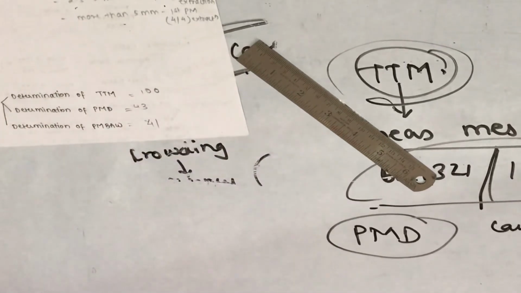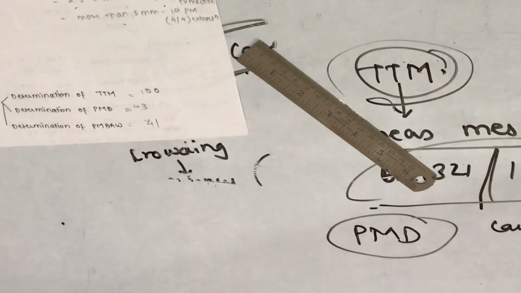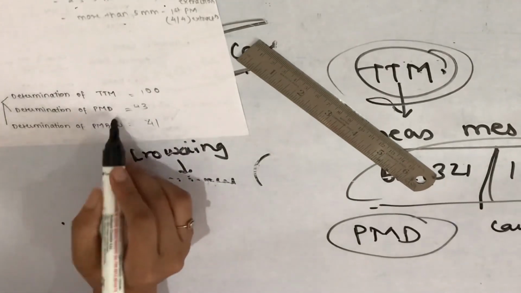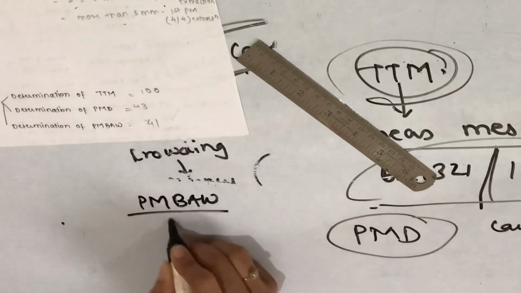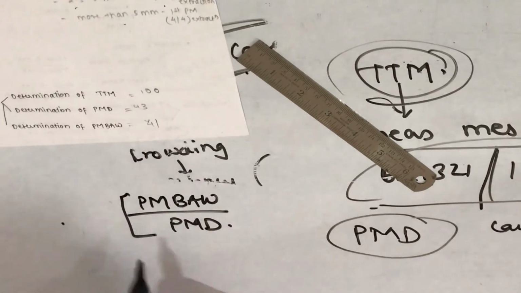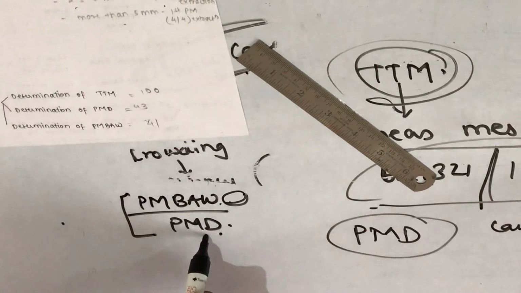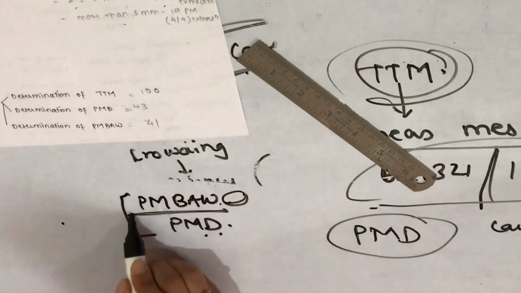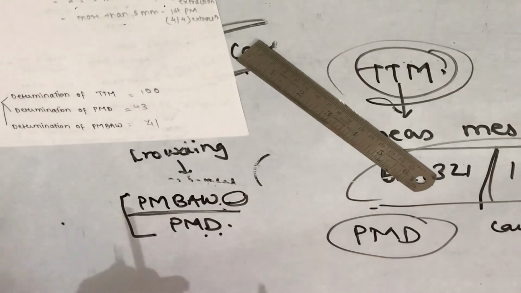Now there are two inferences that you can determine from this Ashley Howe's analysis. The first inference is when you compare the premolar basal arch width with the premolar diameter. If the premolar basal arch width is greater, then it indicates that arch expansion is possible. Basically your bone is larger and you can do the expansion of the maxillary arch.